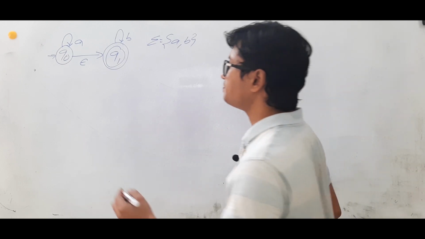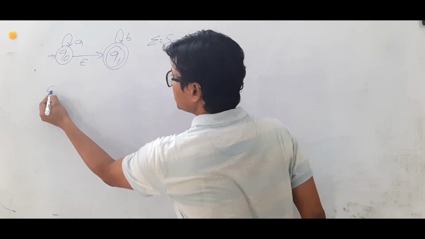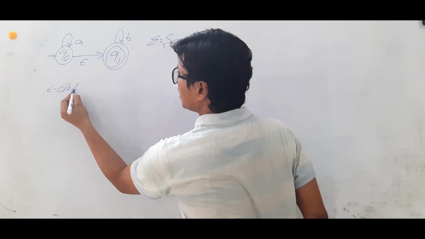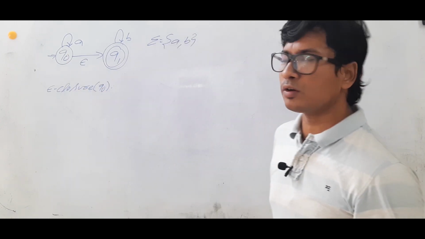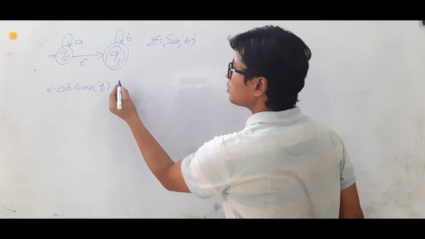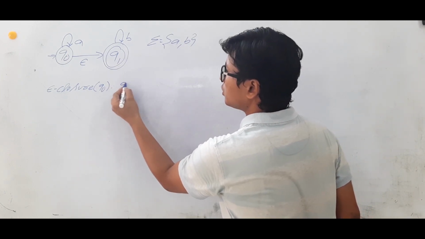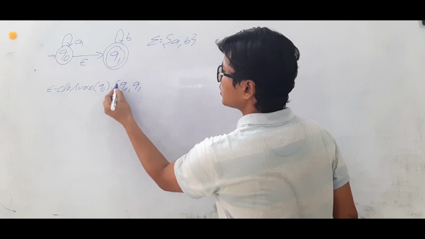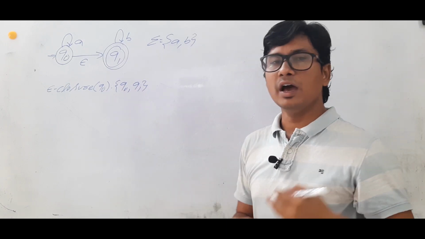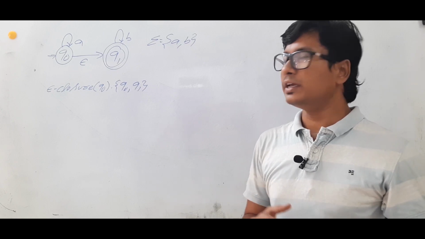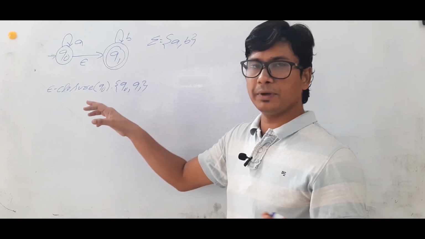We will see it. First, before doing that, I need to calculate the epsilon closure of all the states. What is the epsilon closure of Q0? Epsilon closure of Q0 is Q0, Q1. If you don't know how I got the epsilon closure of Q0, I request you to watch my earlier videos. So let me repeat again.